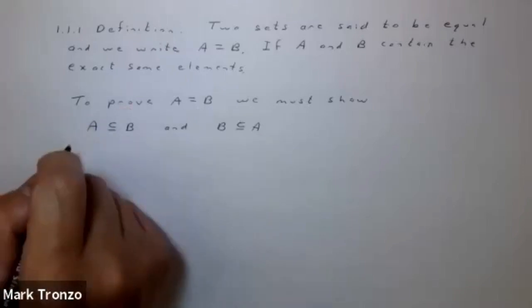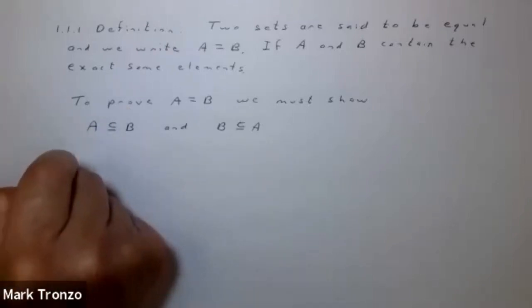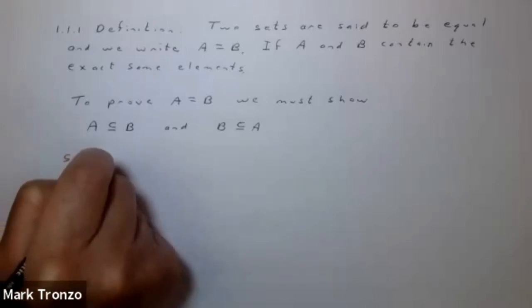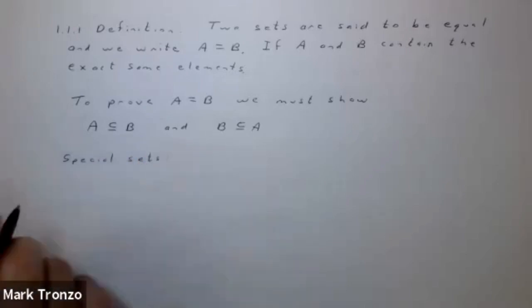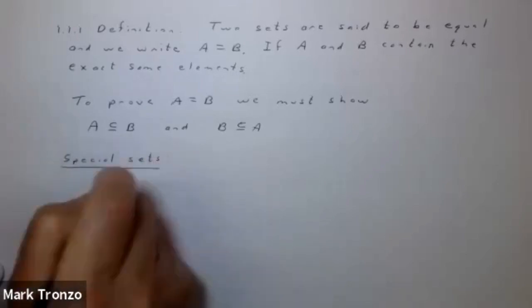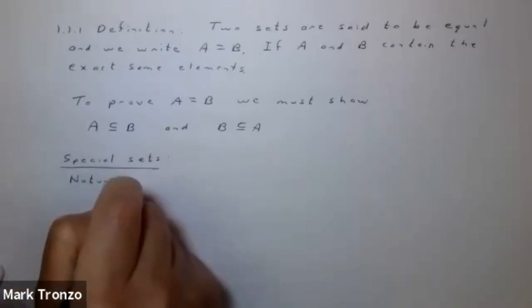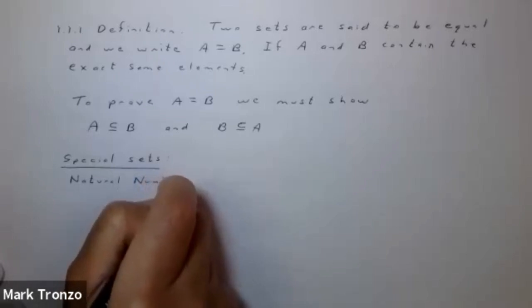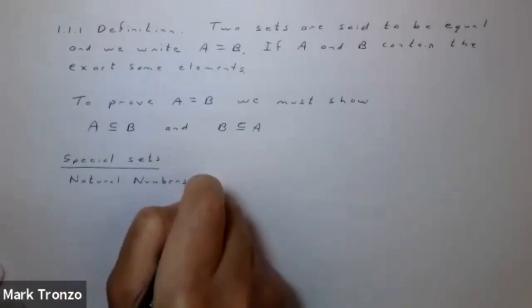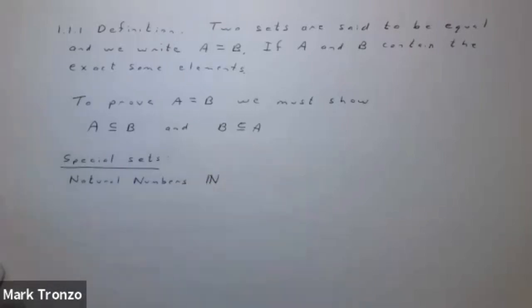And there are special sets that we're going to deal with, and you may or may not have had this notation before. Special sets: the natural numbers, written as a fancy N, sort of like this.